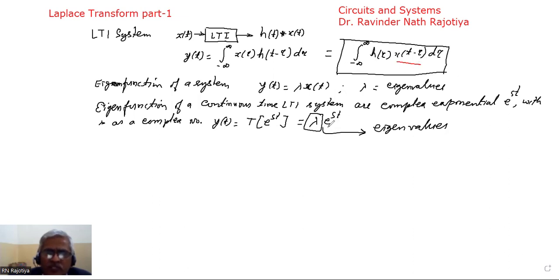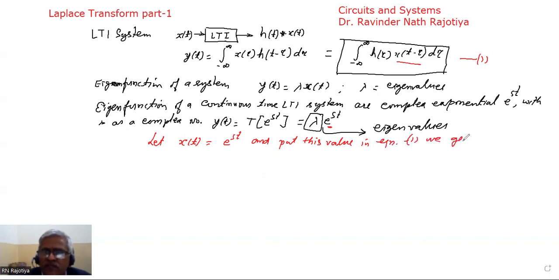Let us assume that x(t) is equal to e^(st), and put this value back in equation 1.